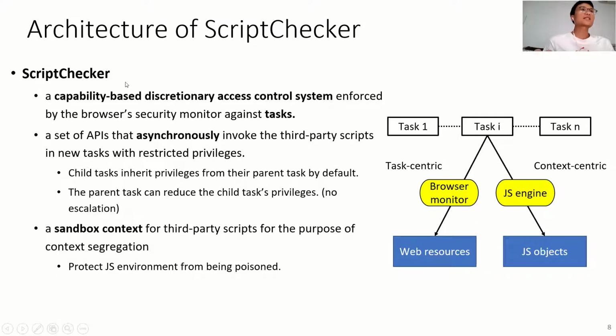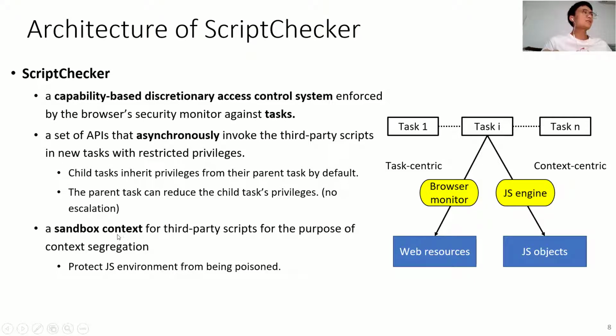The architecture of ScriptChecker contains three components: a capability-based discretionary access control system against the task, a set of APIs that asynchronously invoke the third-party scripts in a new task with restricted privileges, and a sandbox context for third-party scripts for the purpose of context segregation.